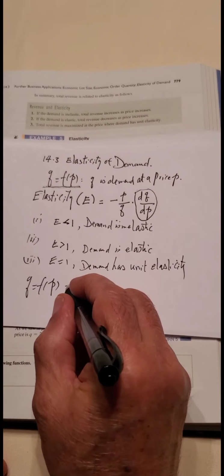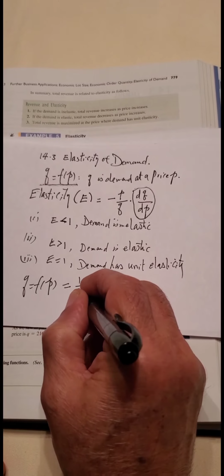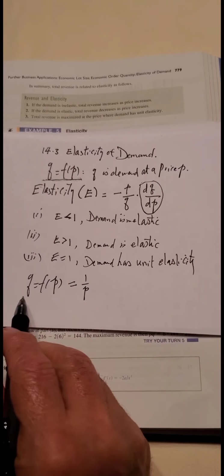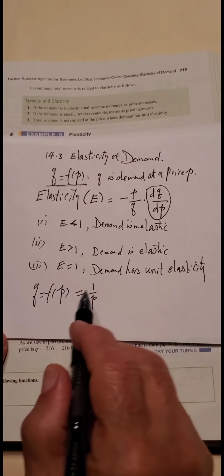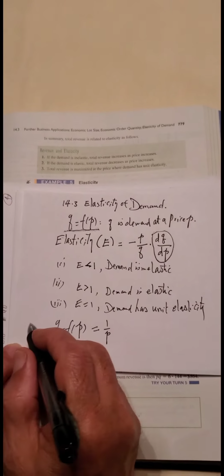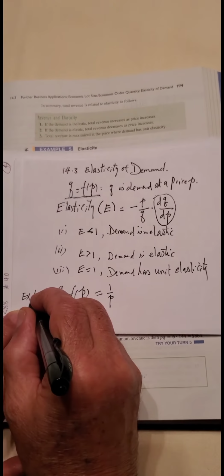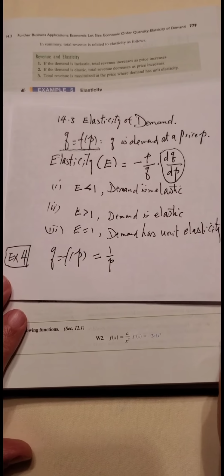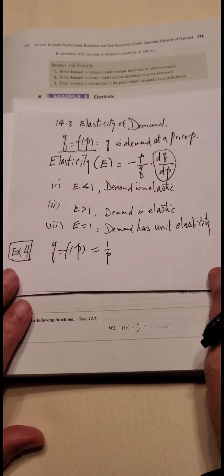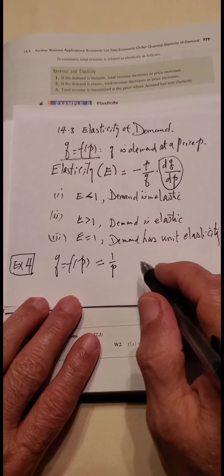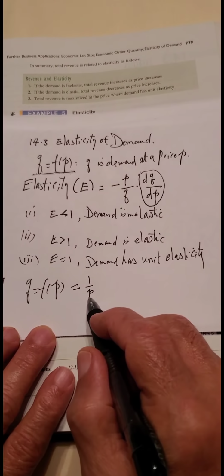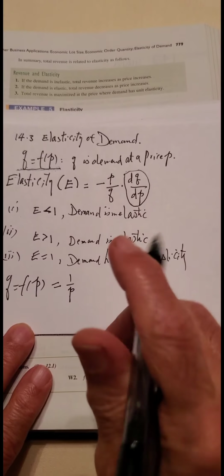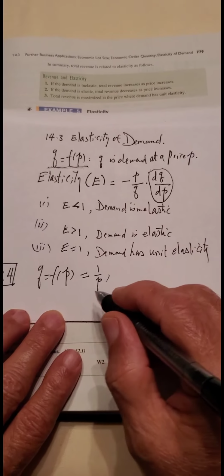If my function is Q equals f of p, which is equal to 1 over p, that's example 4. The price was expressed in dollars. So the price is in terms of dollars. That's the small p.